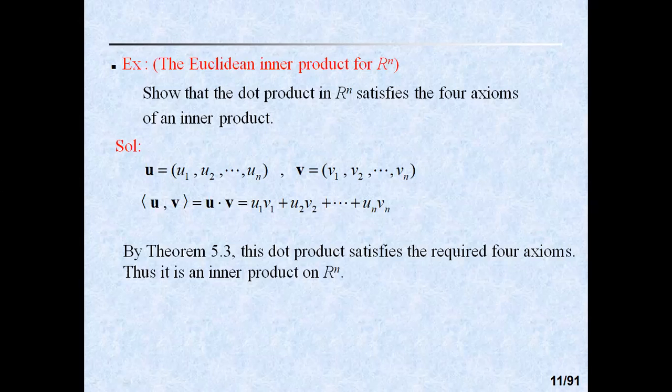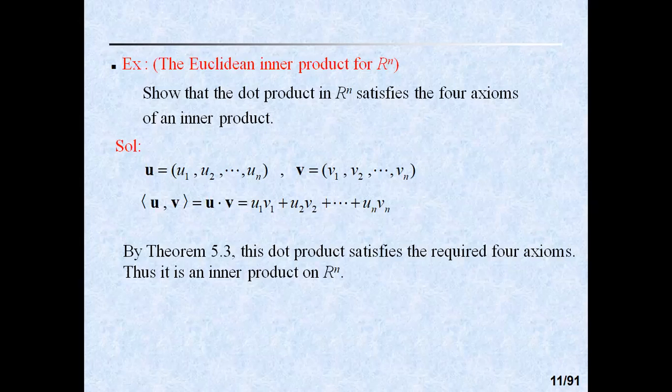The inner product of u comma v can be represented as the dot product of the two vectors u dot v, that is u1 v1 plus u2 v2 plus so on up to un vn. This dot product satisfies all the required four axioms of the inner product. That is, it is an inner product on R to the power of n. We already know the dot product satisfies u dot v is equal to v dot u, and u dot v plus w is equal to u dot v plus u dot w.